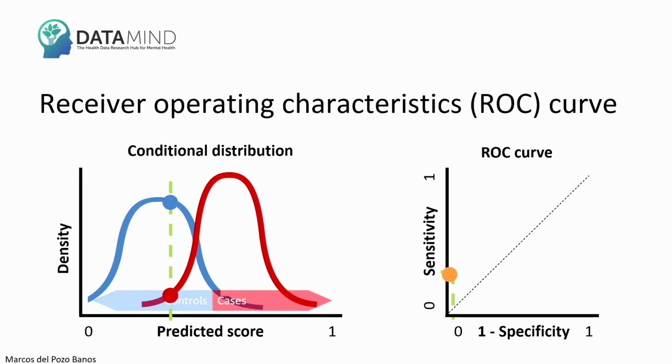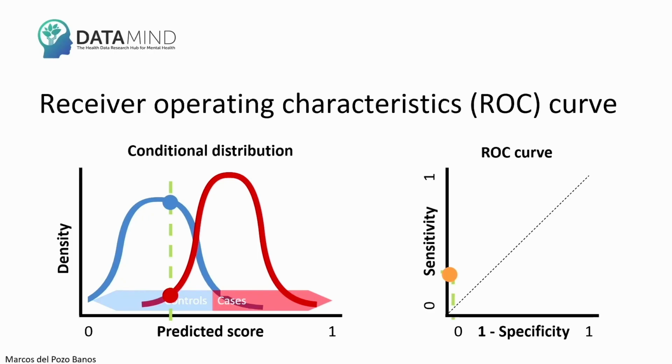We have represented that threshold as the vertical dashed line on the left-hand side. Based on that threshold, everything that falls to the left of that line is going to be classified as a control, a negative sample, and everything that falls to the right of that line is going to be classified as a case, a positive sample.